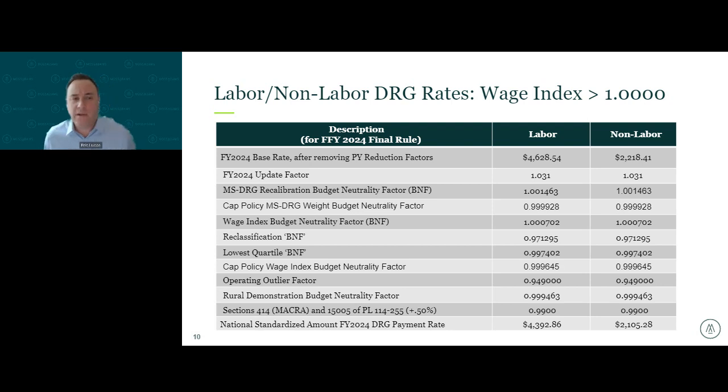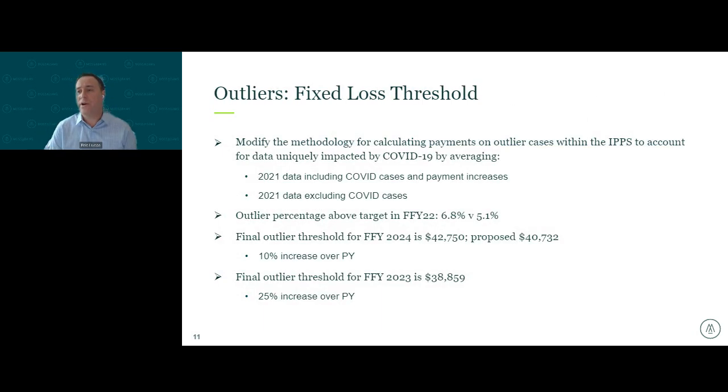So to go to outliers in the current year, we're seeing another very big increase in the threshold to try to land at that 5.1% target. In FY22, they actually overspent at 6.8%. And we saw last year one of the biggest increases to the threshold in a number of years, where it went up 25%, up to $38,859. Now, in the current year, we're seeing another fairly big increase of 10%.